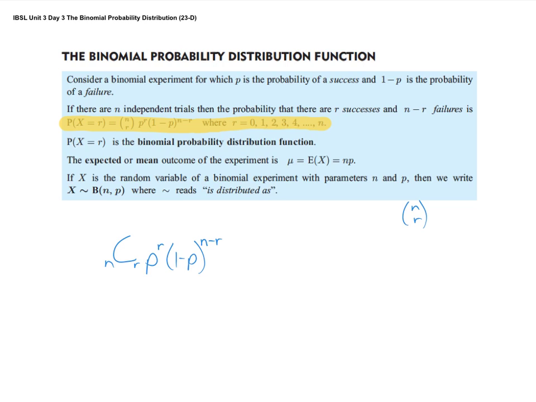There's no bar in here. It's just n over r. That's the same thing as n choose r, and that's known as our binomial coefficient. That's equal to n factorial over n minus r factorial times r factorial. That formula is in your formula booklet, and if you're allowed to use your calculator, it can calculate those itself.